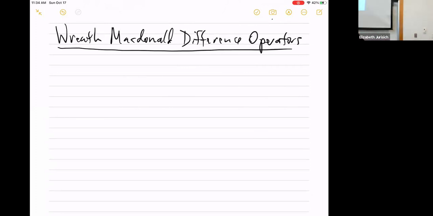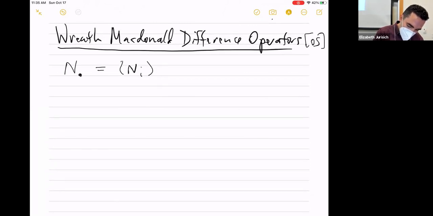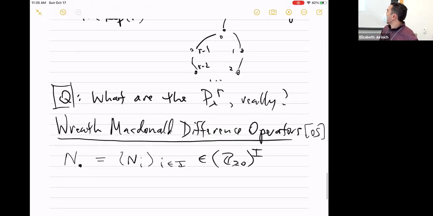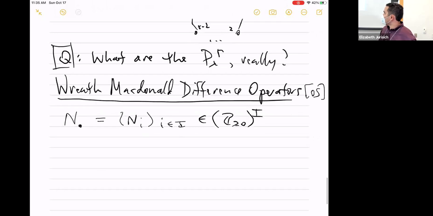But let me talk about what these are first. This is my work with Mark Shimozono. If you have difference operators, you have to be talking about some finite set of variables. So this is a dimension vector telling you how many variables you have at each vertex in the cyclic quiver. For each i in I, the vertices in the cyclic quiver without the framing, how many variables do we have?